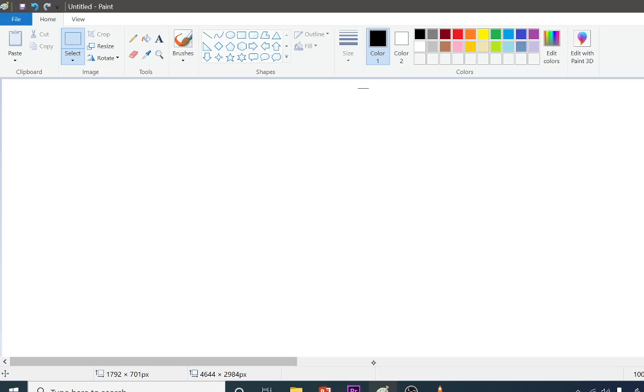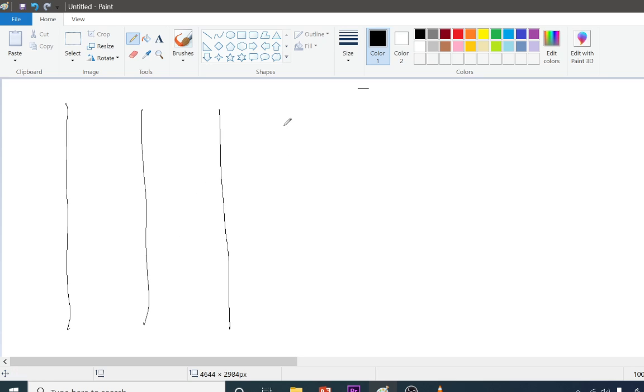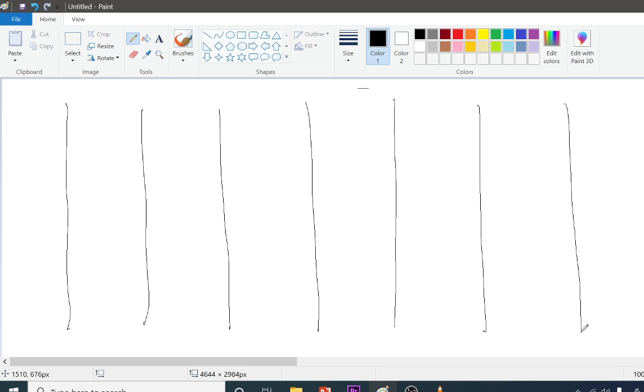So first, you need to create a table. You need to create a table like this: 2, 3, 4, 5, 6, and 7.